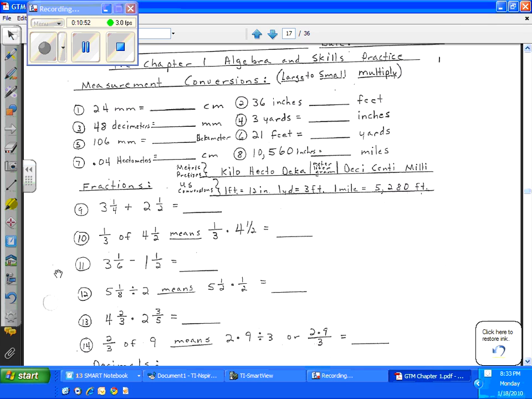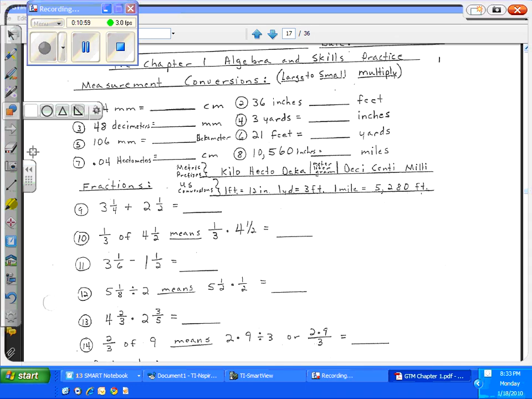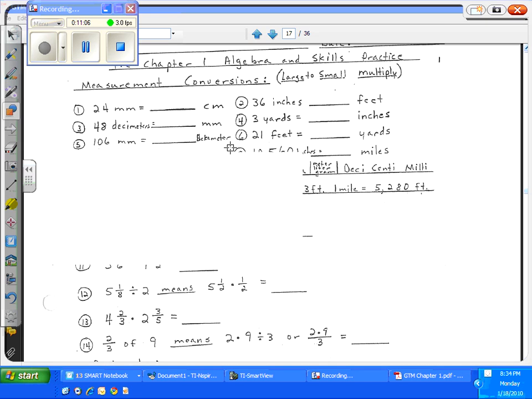Okay, we're going to go ahead and do number 5 and 6. So I'm going to move some of this out of the way so we'll have room to work.